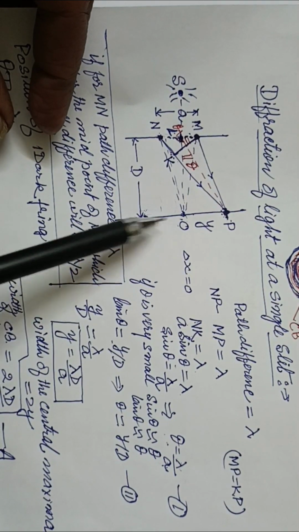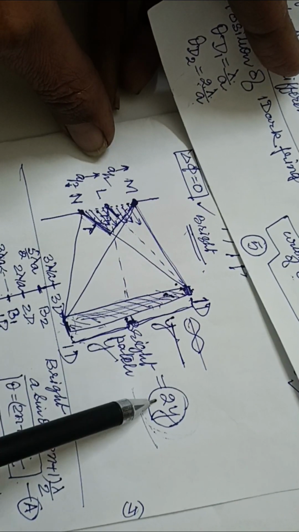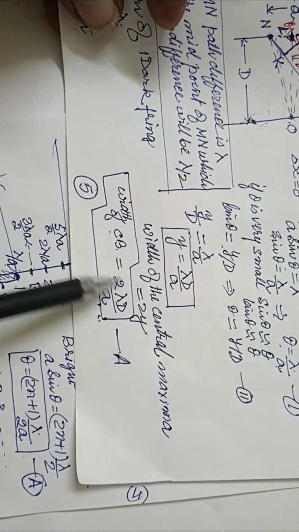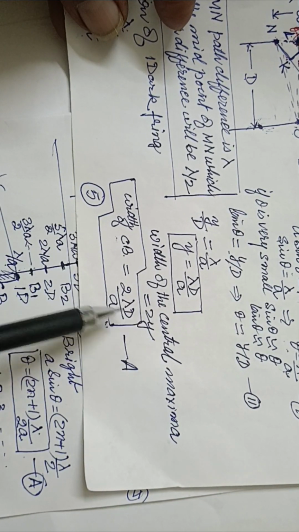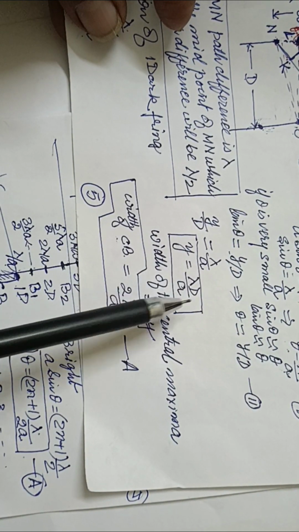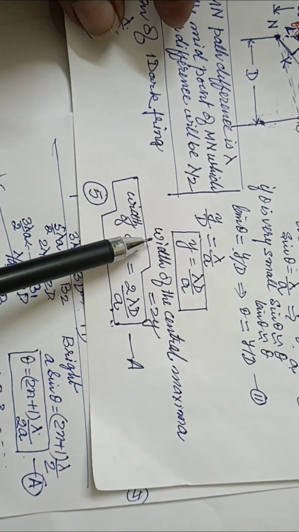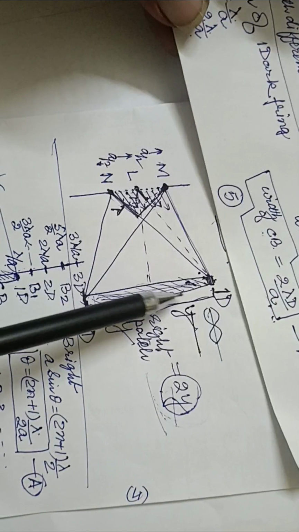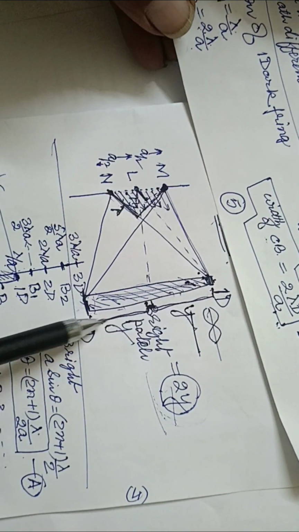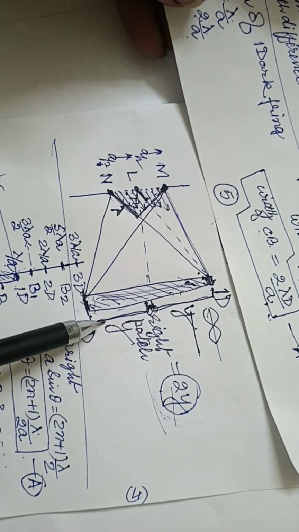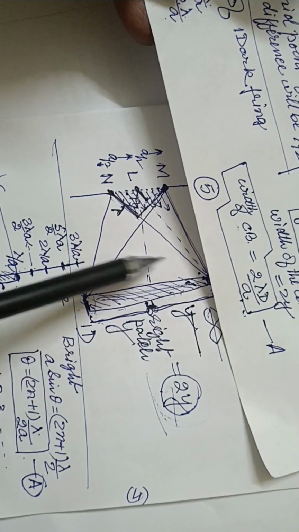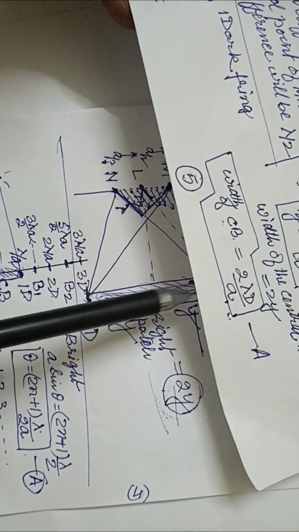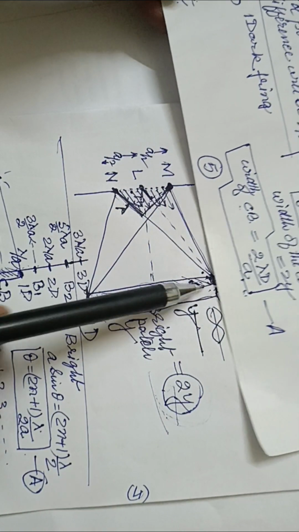So from both sides, y and y, it will be 2y. 2y we calculated, which is equal to 2 lambda D upon a, and this is called the width of the central maxima. The entire portion is the central maxima, the bright fringe you get, and after that you get the dark fringes.